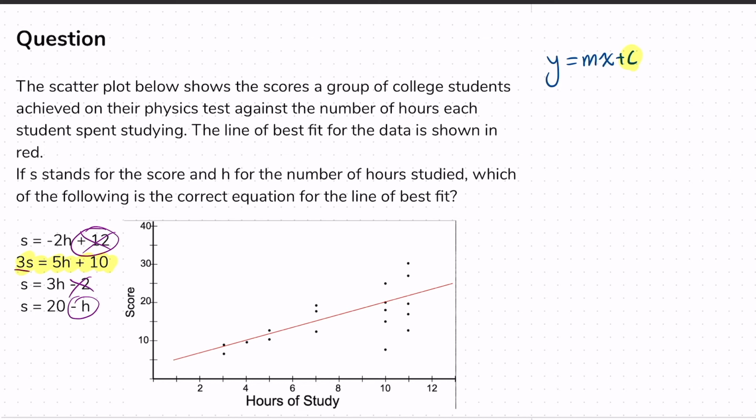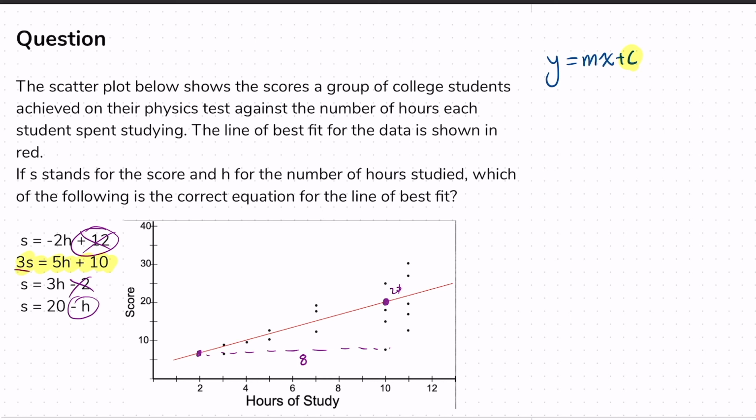And if I begin here and I go across, let's go across to 10. So my run between 2 and 10 is 8. And it looks like it's going up maybe 6 to 20. Rough, right? It's a bit rough.